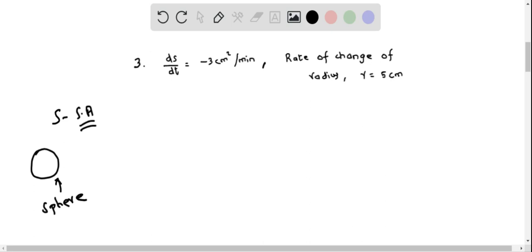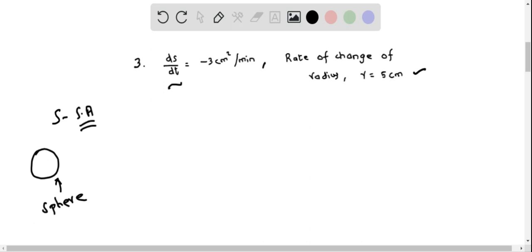Then we write down its rate, that is dS over dt. And since it is decreasing, I have put this as negative 3 centimeters squared per minute, which represents the rate at which the surface area changes. And we have to determine the rate of change of radius when r equals 5 centimeter. So let's see how to do this one.